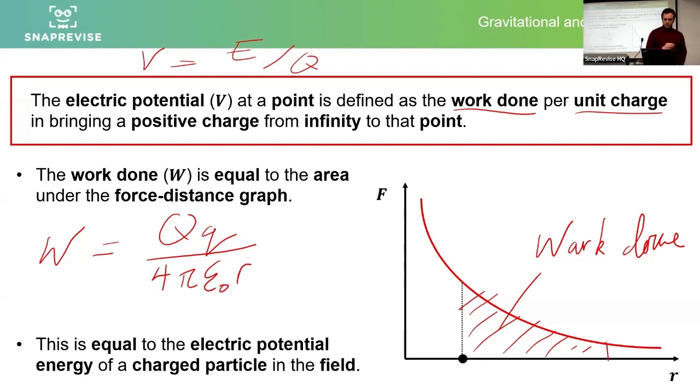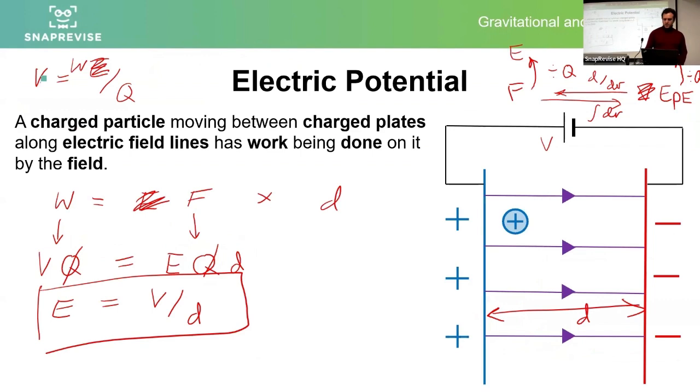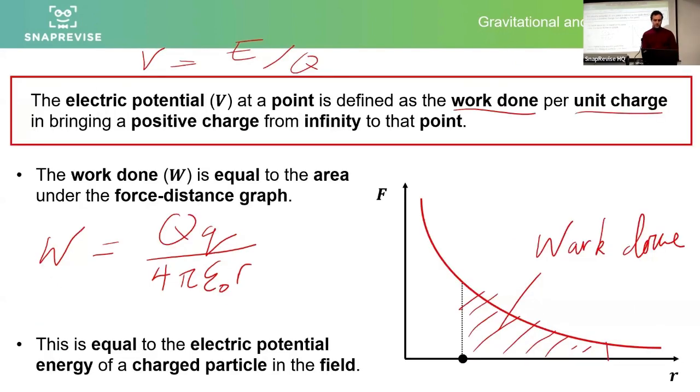This is equal to the electric potential energy of a charged particle in the field. Like I said on the previous slides, if you integrate the force with respect to R, i.e. you find the area underneath the graph of force against displacement, you'll get the electric potential energy. That's what this point down here is reminding us of.